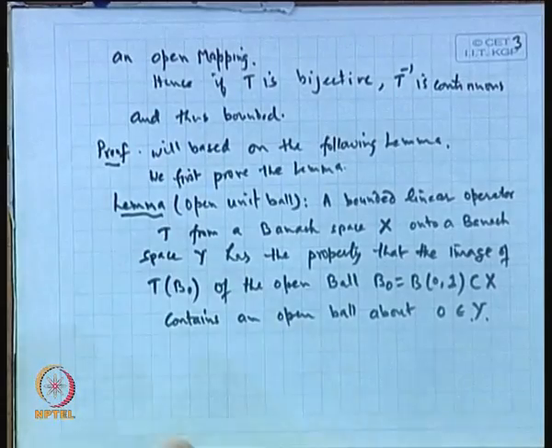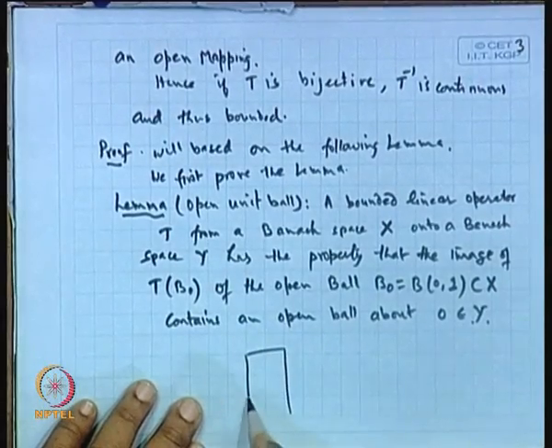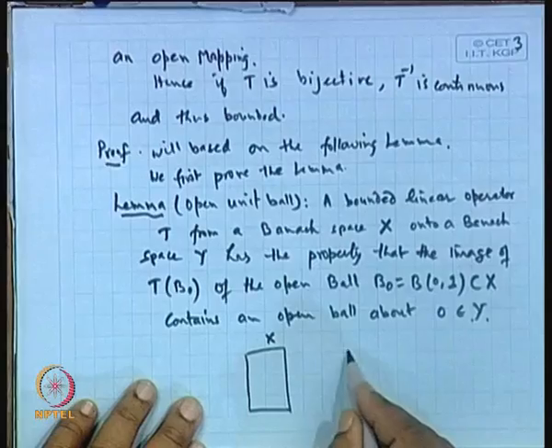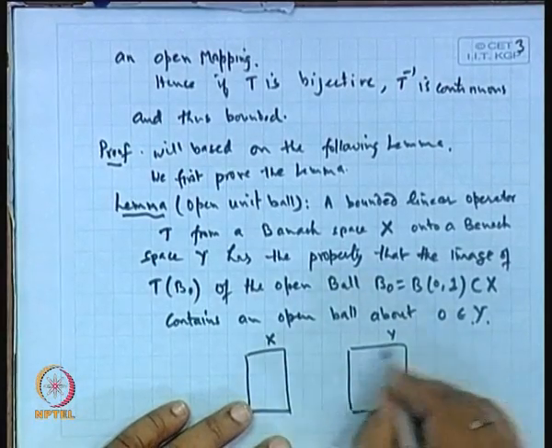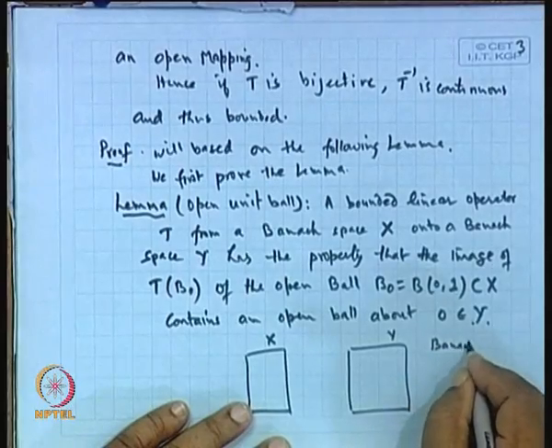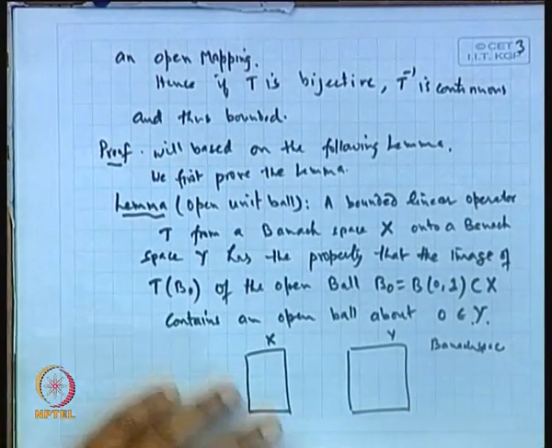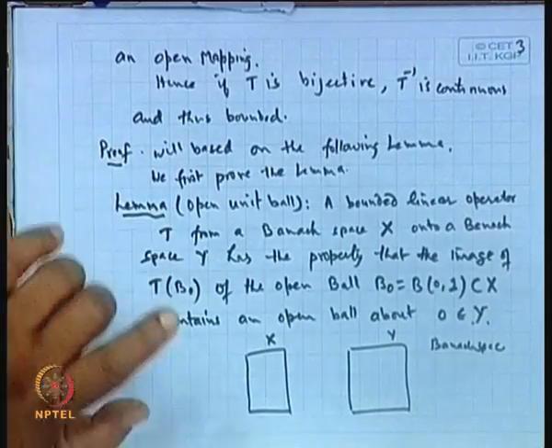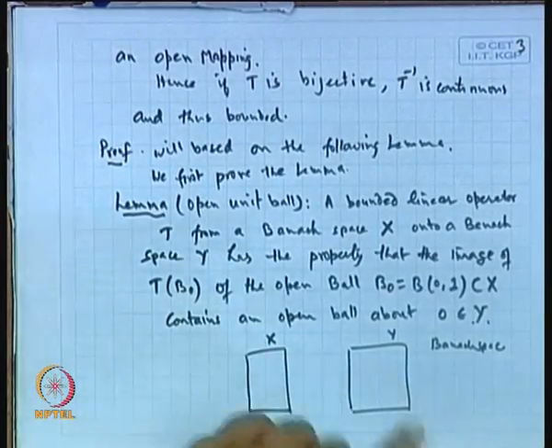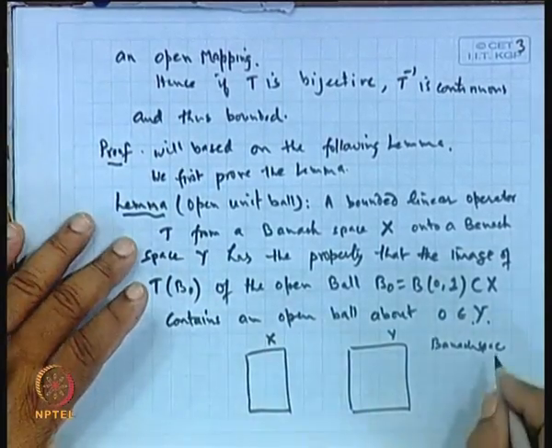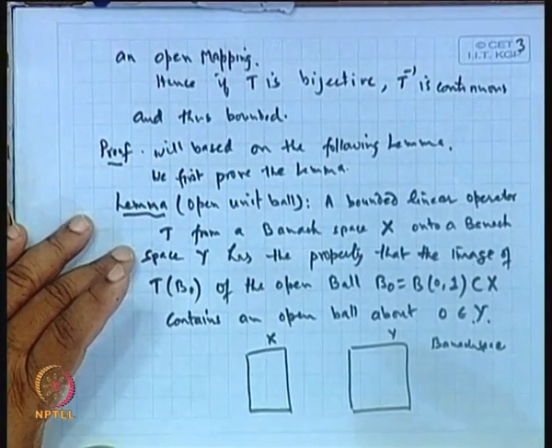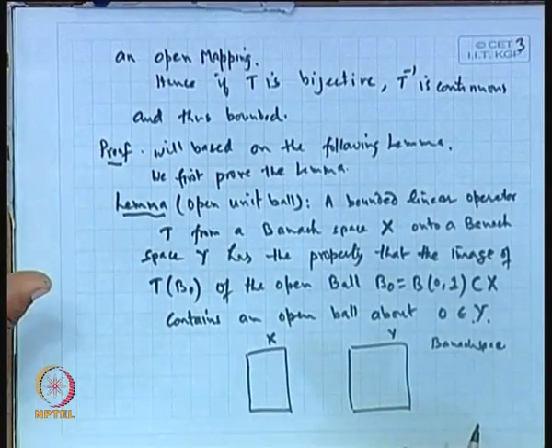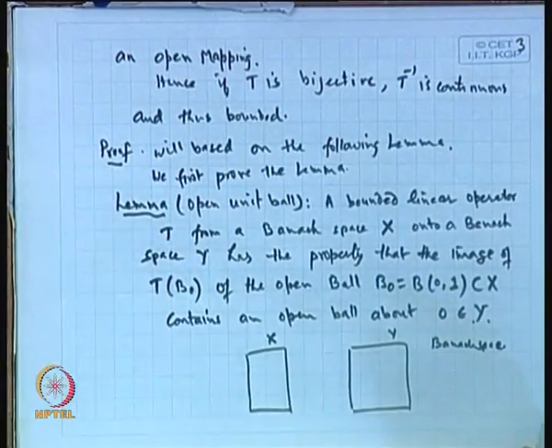So, what this lemma says is that, suppose this is our X and this is Y, both given to be Banach spaces. Remember, this open mapping theorem and the corresponding lemma are valid only when X and Y both are taken to be Banach, not just like the uniform boundedness theorem, where we chose the domain X to be Banach but Y to be a normed space.